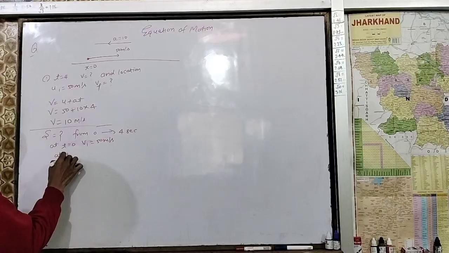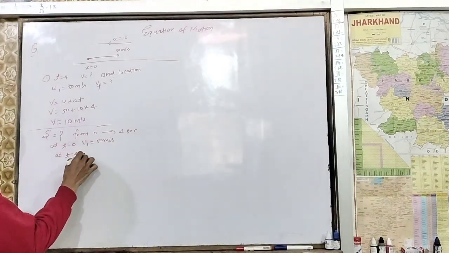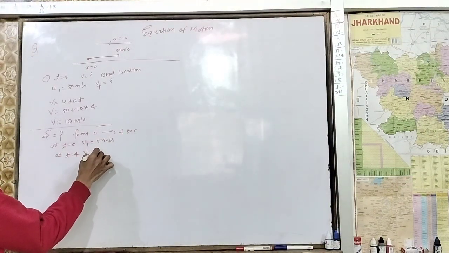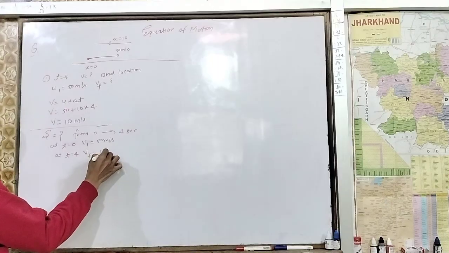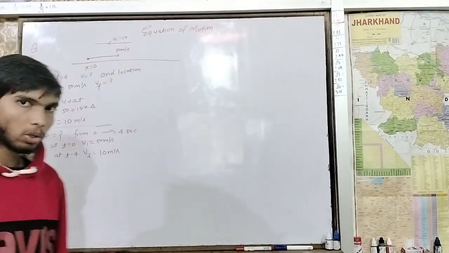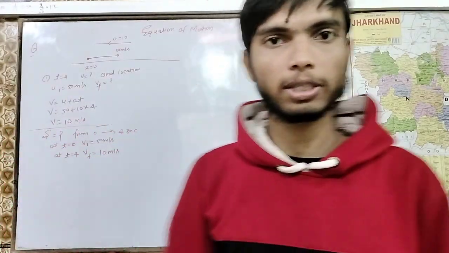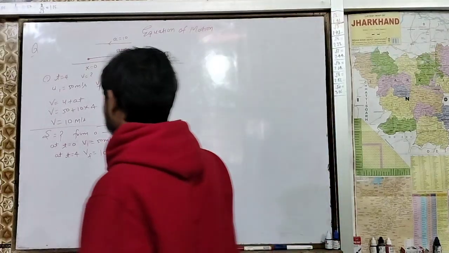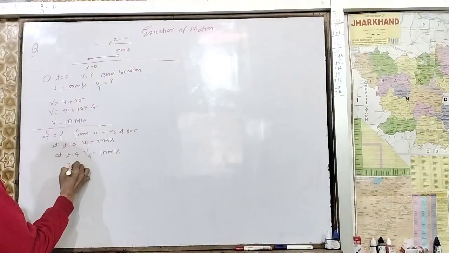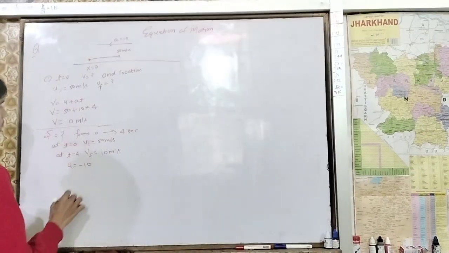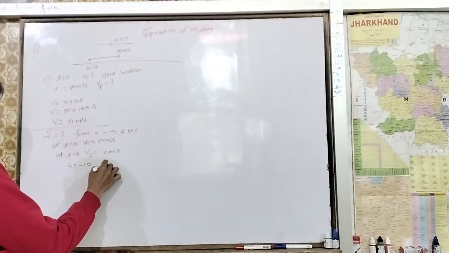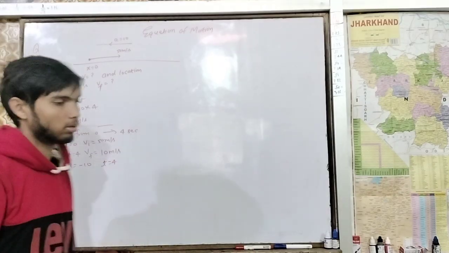At t equal to 4 seconds, the final velocity is 10 meter per second. We have the initial velocity and the final velocity. Acceleration is how much? Minus 10. Total time is how much? 4 seconds.